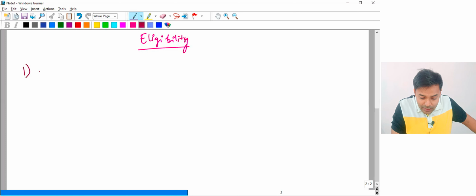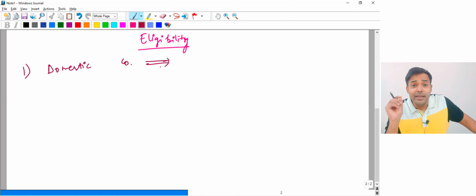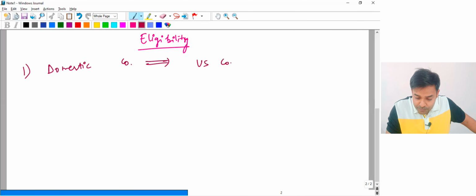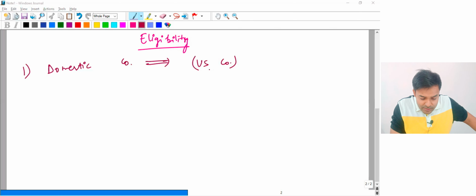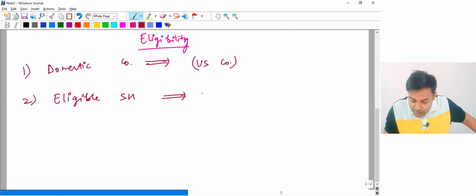First of all, it has to be a domestic company. When I say domestic company, it means it has to be a US company. That's the first condition. Second condition is that only these are the eligible shareholders. Who are the eligible shareholders?